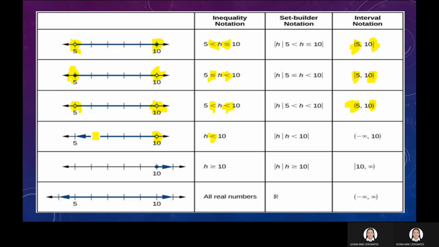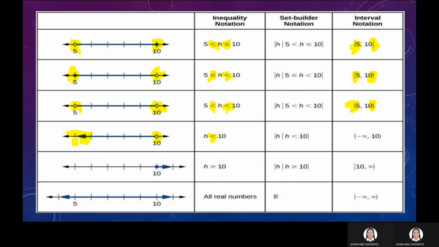As you can see, we have an arrow going to our left, which is our negative side. Remember, left side, negative side, right side, positive side.